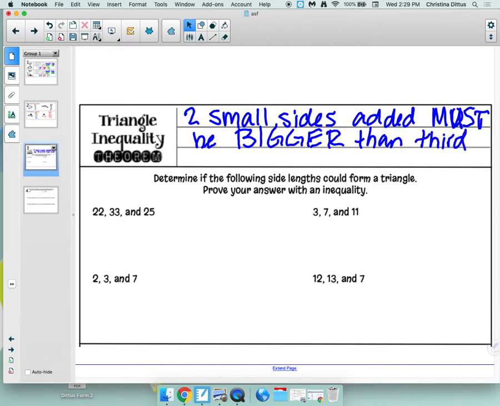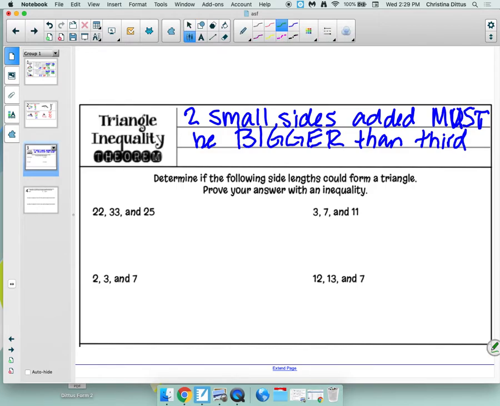So when we tried to figure out if it was acute, obtuse, or right, this is the first thing we did to figure out if we even had a triangle. So we have literally already done this. Are you ready?